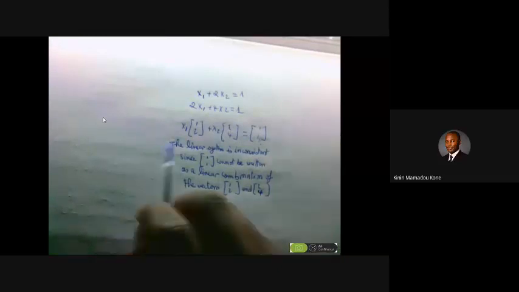So there is no way you can plug in numbers here and here so that you'll obtain 1 and 1. So in that case, you can easily say that the system is inconsistent.